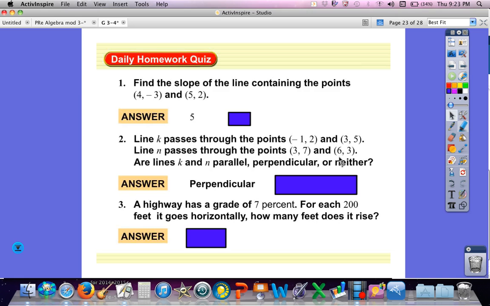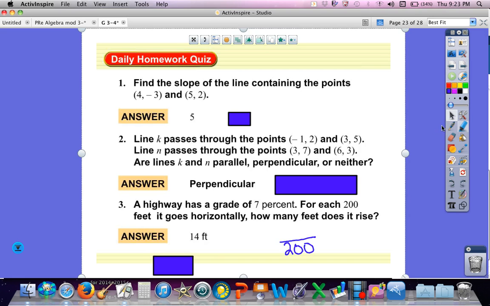A highway has a grade of 7%. For each 200 feet it goes horizontally, how many feet does it rise? Okay, so what they're asking you there, that would be 14.